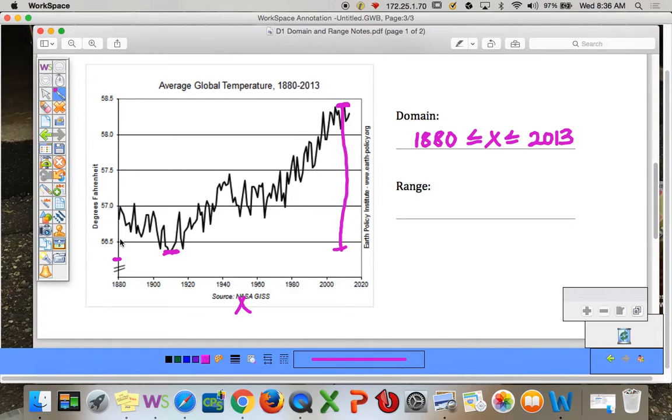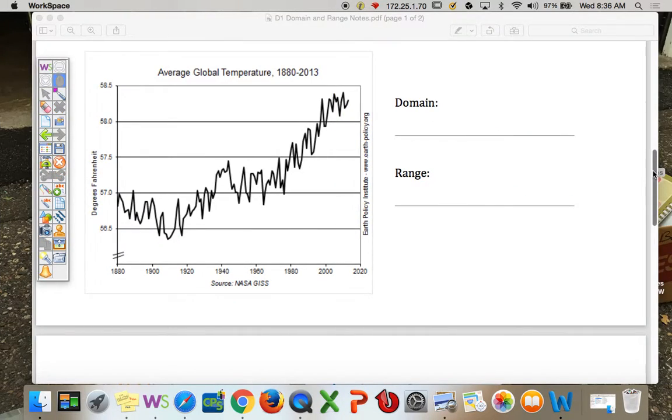It's going up by 0.5, so I'll say this is 56.3. And that's less than or equal to the Y value, which is less than or equal to 58.5, so I'll round this to about 58.4. This would be in degrees Fahrenheit. Okay, so again, domain is all possible X values, range is all possible Y values.